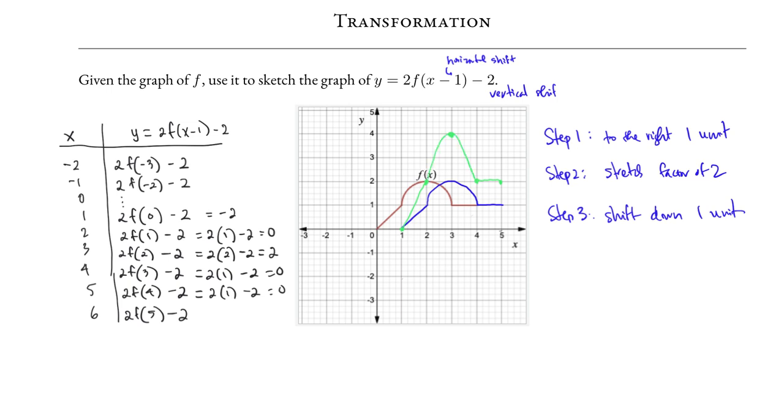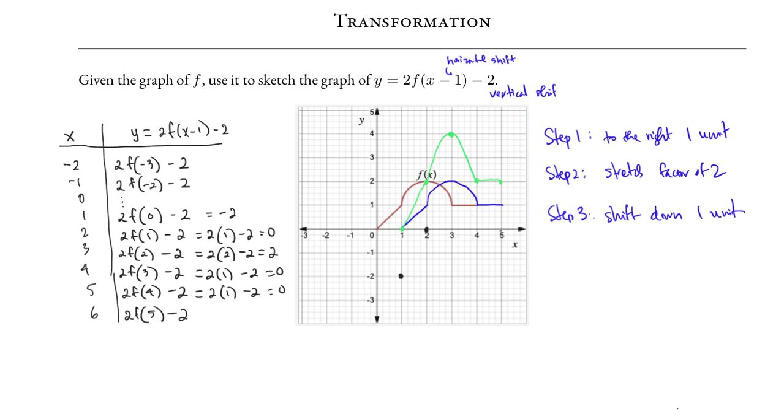And then lastly, we would shift this graph down 2 units. We're going to take the graph that we ended up with in the last step, which is the green graph, and move it down 2 units. When x equals 1, we move it down 2 units. When x equals 2, y equals 2, bring it down 2 units.